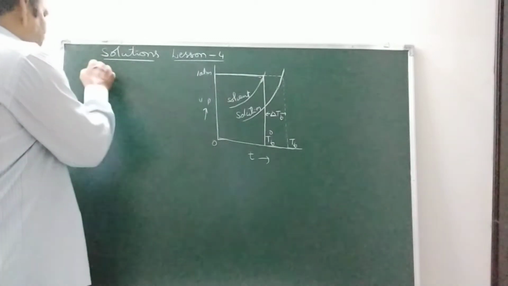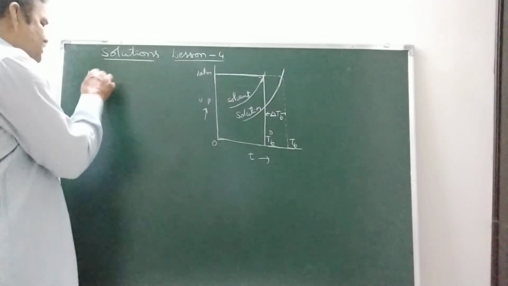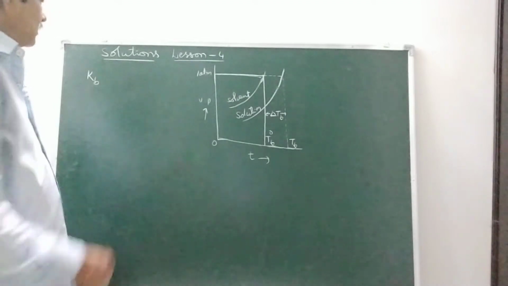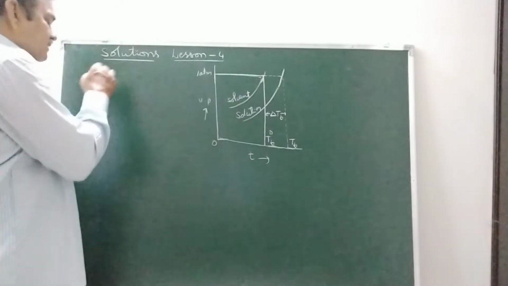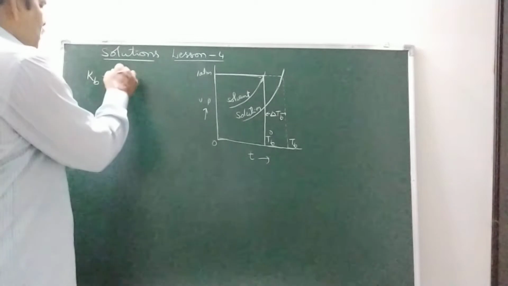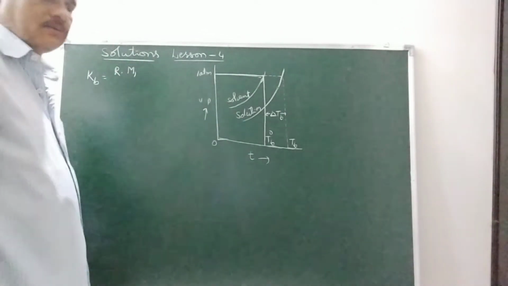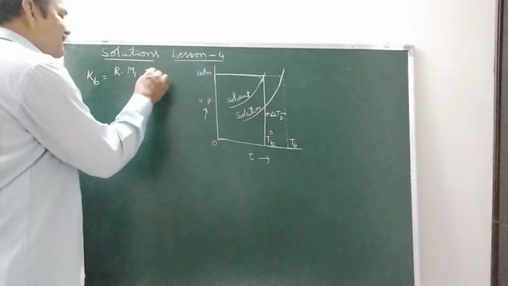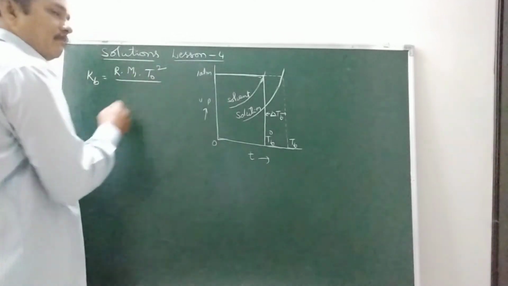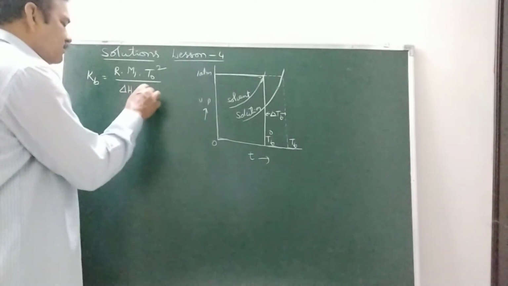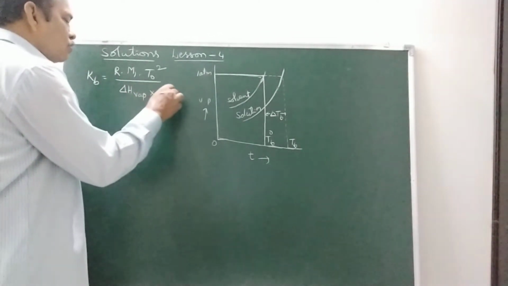Here KB is called the ebullioscopic constant. This ebullioscopic constant is equal to R into M1 into T naught square by delta H vaporization into 1000.